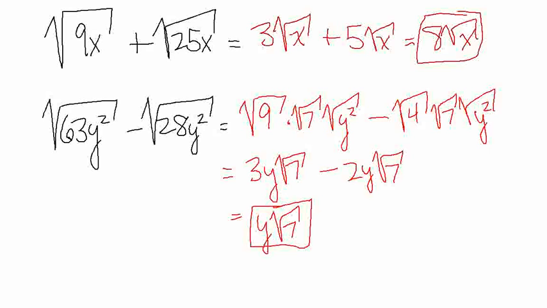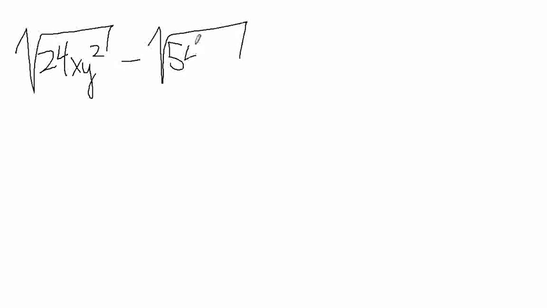All right, let's do one more. Can you please simplify the square root of 24xy squared minus the square root of 54xy squared? I'll go ahead and simplify this also, and so that I'm not doing too many steps in my head and losing anybody, I'm going to spell out why my equivalent form is equivalent.